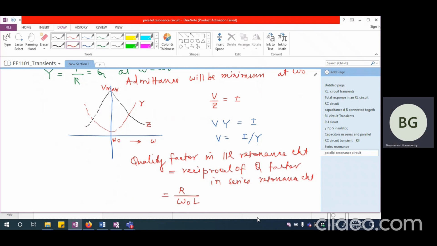So similarly, you would be able to calculate the bandwidth. Bandwidth can be calculated by finding out where Vmax divided by root 2 occurs, because we are going to have Vmax square by R. That is what is going to be our power delivered to the resistance.